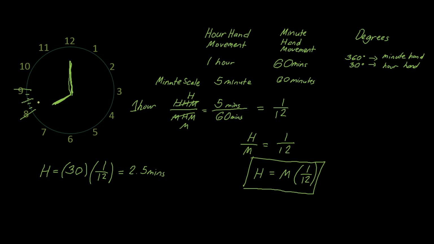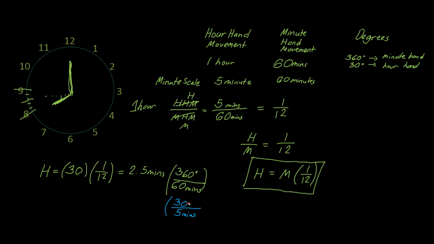How do we convert that into degrees? So we're interested to know what is the degrees covered by that movement of, let's say, 30 minutes have passed. So what we're gonna do is, we know that for 60 minutes, the minute hand has moved 360 degrees. Or we can also use a ratio using the hour hand.